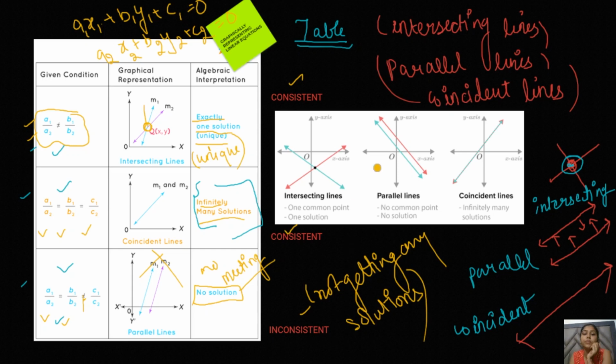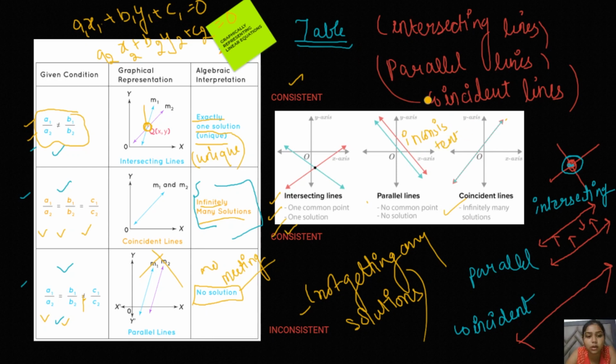So here is a brief table: in case of intersecting lines, there is one common point, so one solution. In case of parallel lines, no common point, no solution. And in case of the single coincident line, infinitely many solutions are there. So parallel lines are always inconsistent, whereas intersecting as well as coincident lines are always consistent.